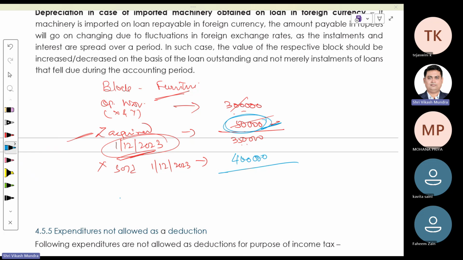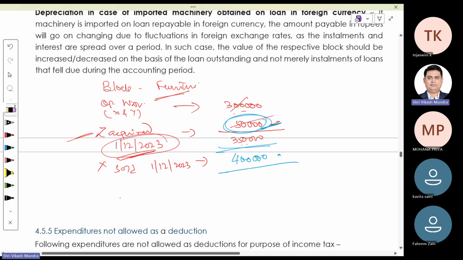Since furniture X was sold for rupees 4 lakh, since the sale value exceeds the value of the block, that means we have profit. We earned profit. This profit is known as short-term capital gain worth rupees 50,000, and we shall not calculate any depreciation. No depreciation shall be available to you.